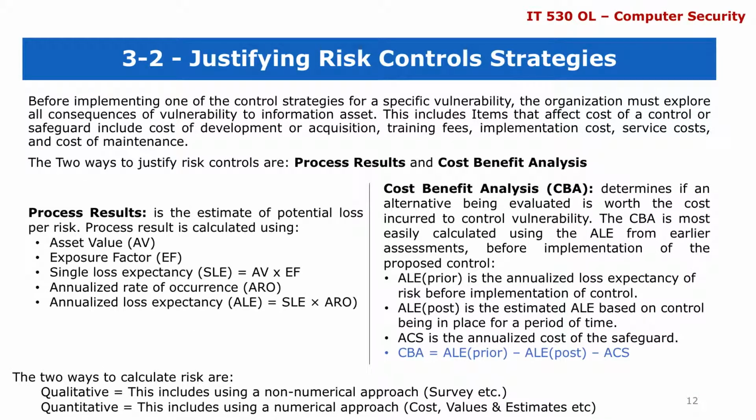In addition, this is pretty much the process results and cost benefit analysis and the two ways to calculate the risk. You can pause this page and copy the formulas and understand the process results calculation and cost benefit calculation. But these are what I just covered earlier, the details of how to justify risk control strategies.